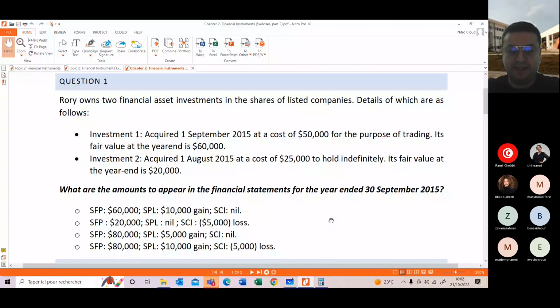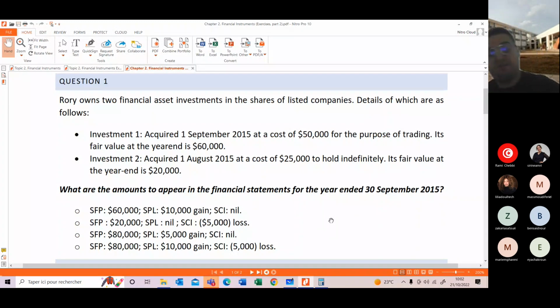Its fair value at the year end is $60,000. Investment 2 was acquired on the 1st of August 2015 at a cost of $25,000 to hold indefinitely. Its fair value at the year end is $20,000. What are the amounts to appear in the financial statements for the year ended 30th of September 2015?